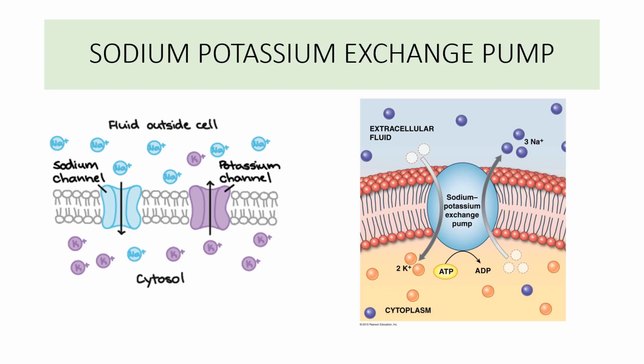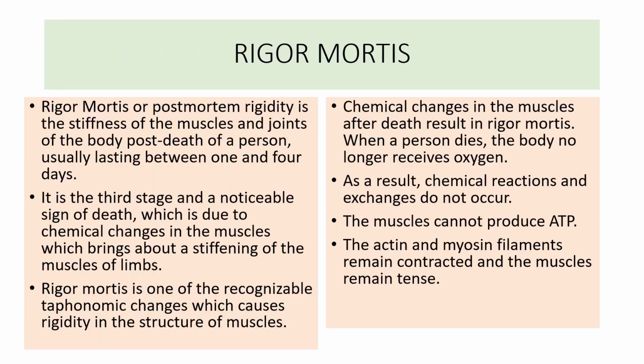That is, with 1 ATP molecule, 3 sodium are thrown out and 2 potassium are thrown in, and thereby the membrane permeability is maintained.